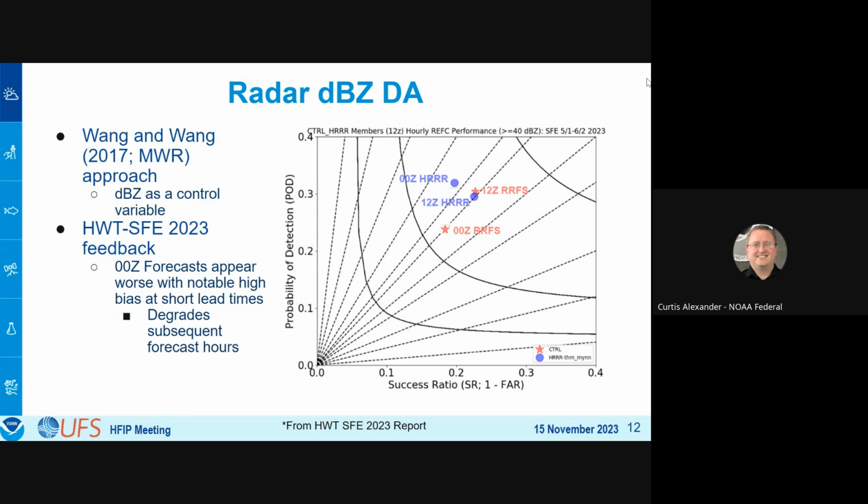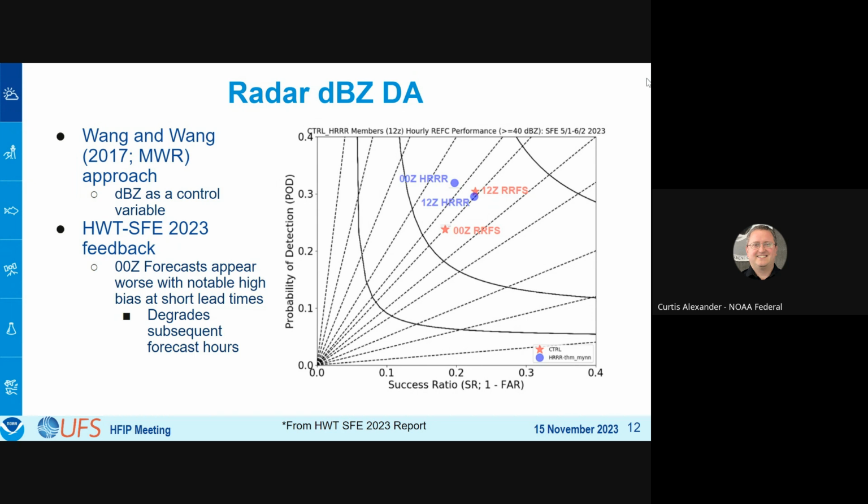We're seeing improvements in some aspects, but also some challenges here where the DA had been producing a high bias in the short-term forecasts of reflectivity for convection and precipitating processes in the model. And this was validated in the spring forecast experiment. You see that in the performance diagram at right. The bias for the RRFS forecast is higher than the compared control forecasts from the HRRR as the operational baseline.